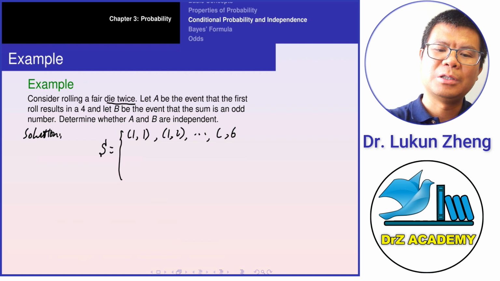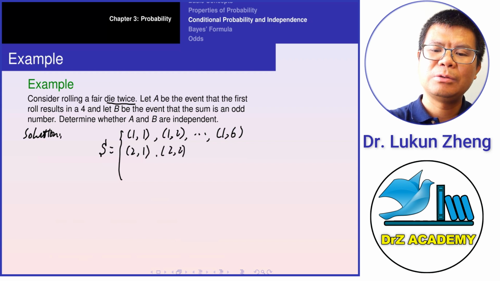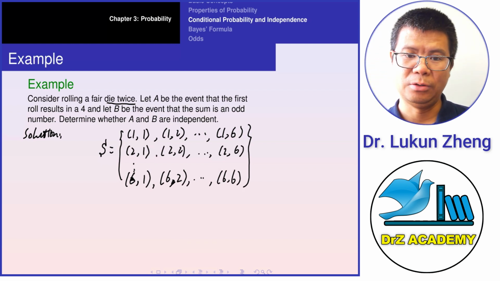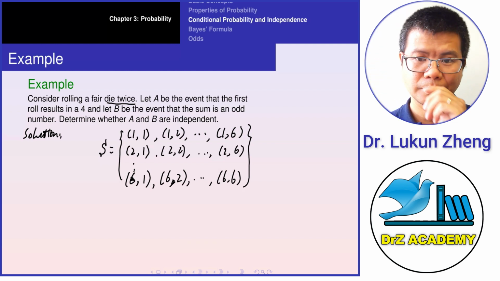And then 6,1, 6,2, and up to 6,6. This is the sample space, all the possible outcomes.